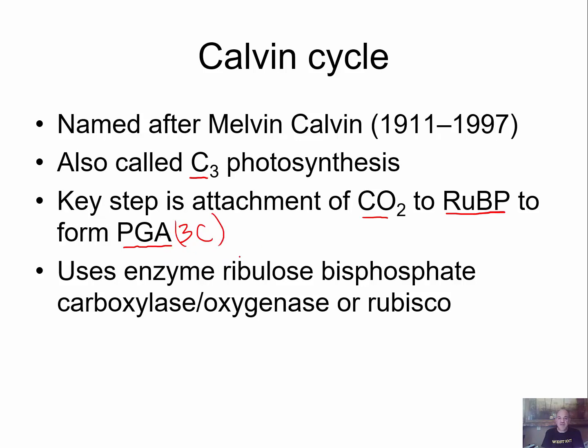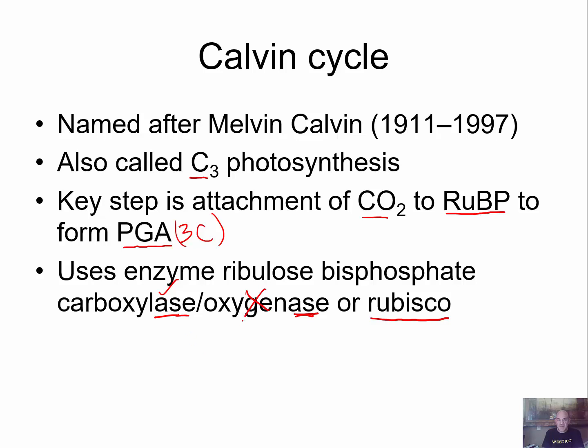And the enzyme that's going to be used to do this initial fixing has a really big name, so they abbreviate it as Rubisco. Rubisco stands for ribulose bisphosphate, which means 2 phosphates, carboxylase oxygenase. Now, this suggests 2 enzymatic functions. This one is favorable, this one is not.